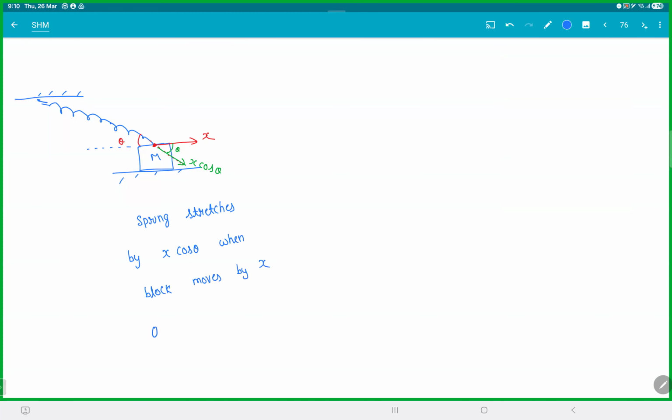What is theta here? Theta is the angle between the spring and the displacement. It depends which way you're pushing the block, so the theta will change accordingly. Now if you look at the FBD of this block, the spring force will be acting in this direction, which is k into x cos theta.